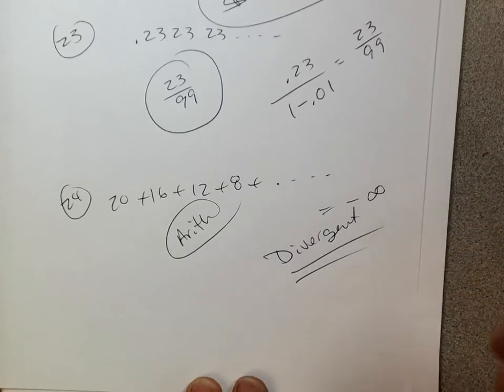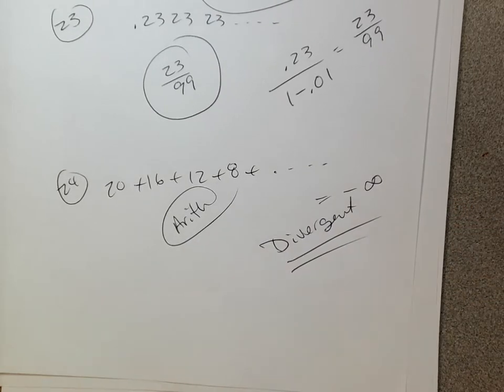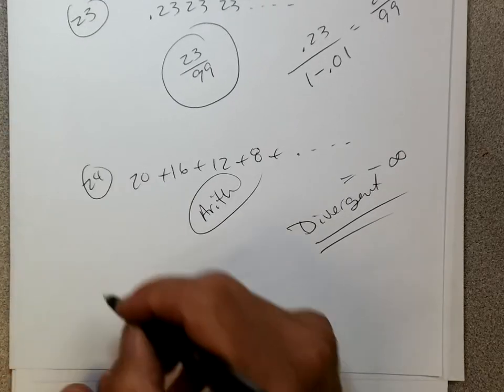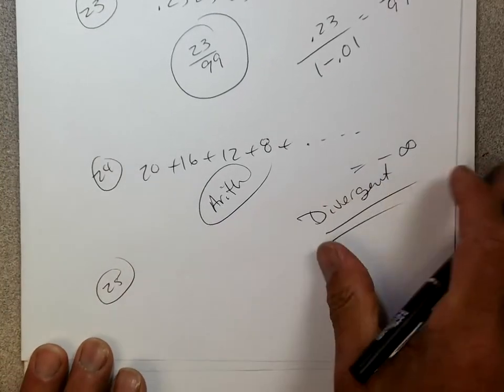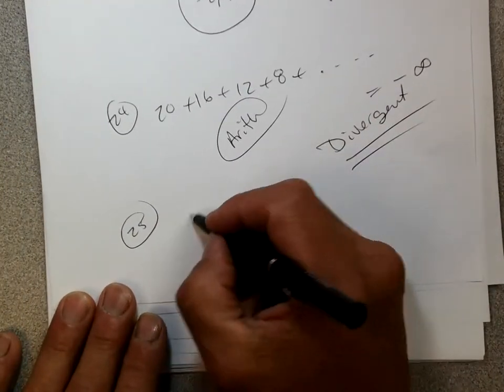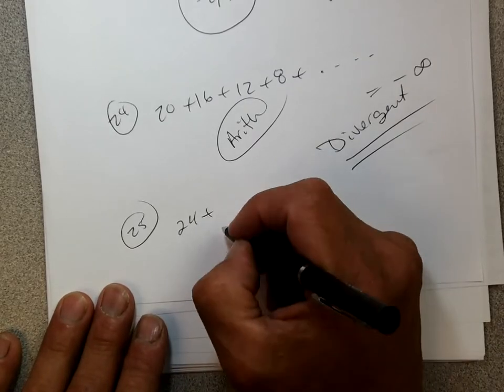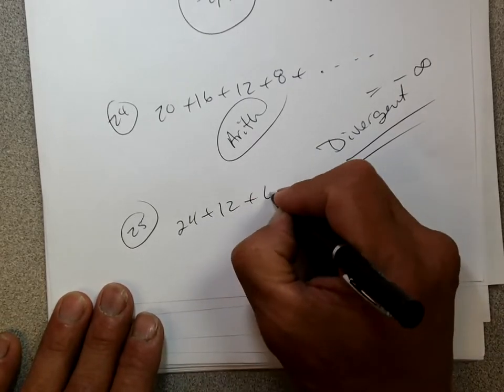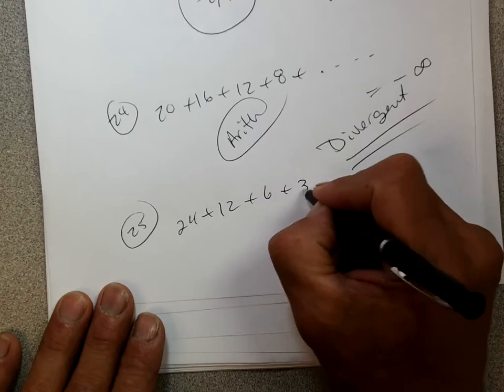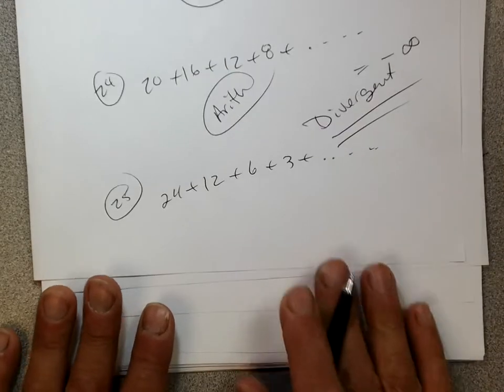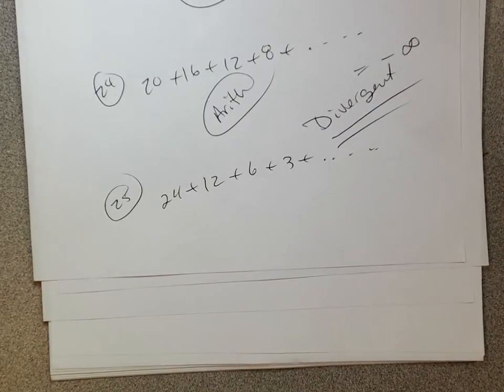It's a trick question. See how it works, Katie? Because you think it's going to go to 0. It will get to 0, but once it goes to 0, it just keeps going negative and more negative. Okay, almost done. 25, we're going to make it. 24 plus 12 plus 6 plus 3 plus and so on. Now, this one is convergent.